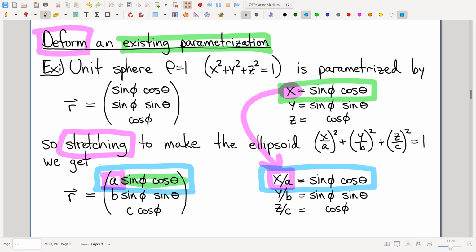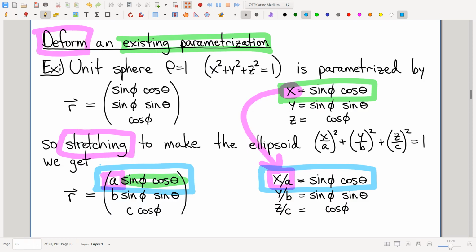This first equation says x equals a sine phi cosine theta. This second equation, if you take this a in the denominator on the left and move it over to the right, is again x equals a sine phi cosine theta. Exactly the same.